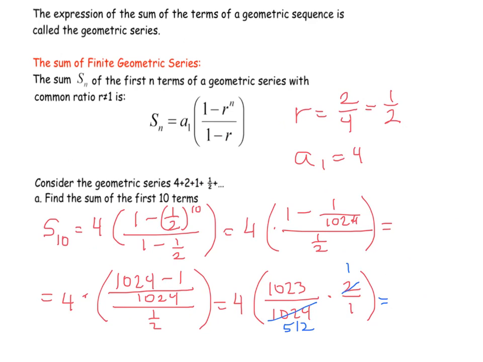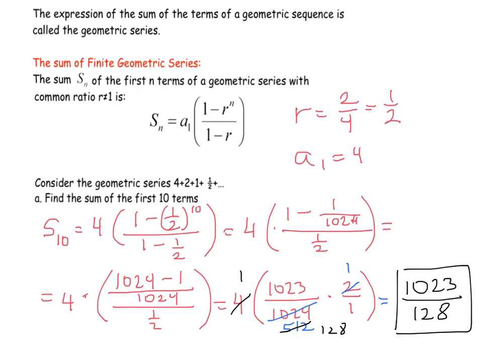And finally, I'm going to simplify by 4 also. So I replace this by 1, and this will be 128. So my final answer is 1023 divided by 128. The sum of the first 10 terms is 1023 over 128.